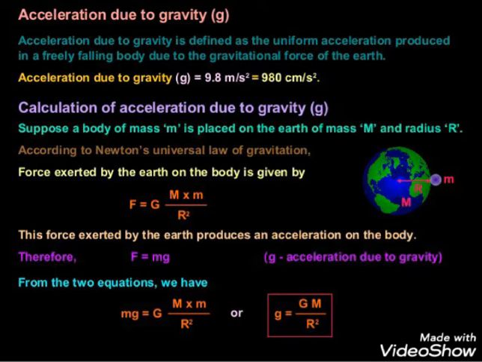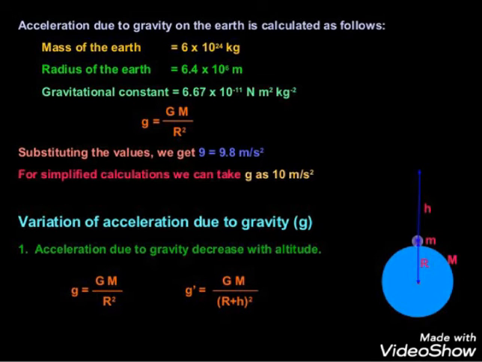This value came by using the main formula of universal gravitation, F is equal to G M m upon r square, where M is the mass of the earth and small m is the mass of the body. When you put in the values of the mass of the earth and the radius of the earth, you get g is equal to 9.8 meters per second square.